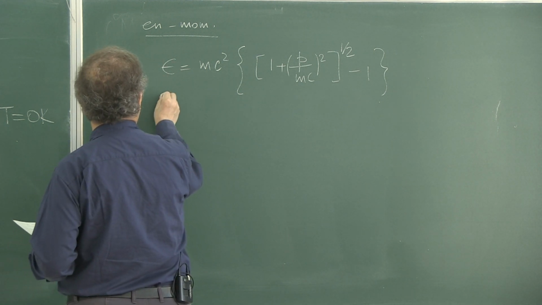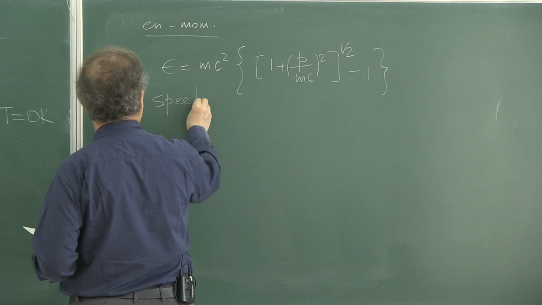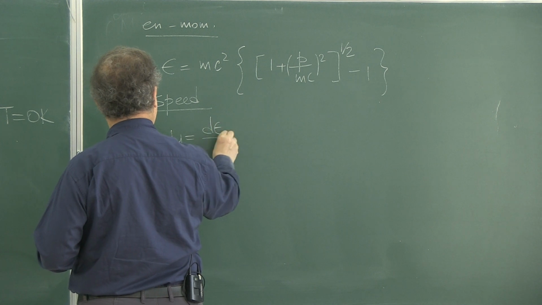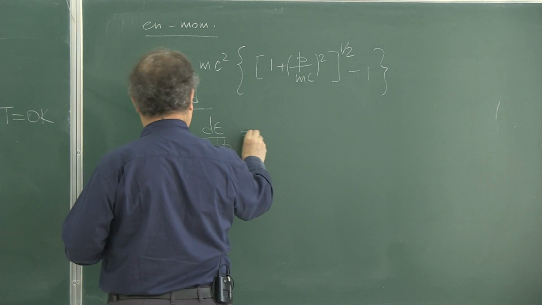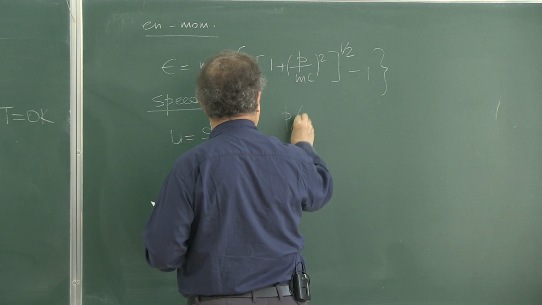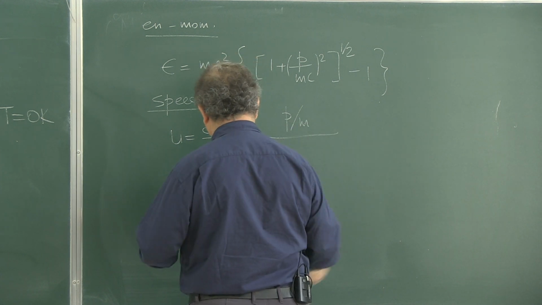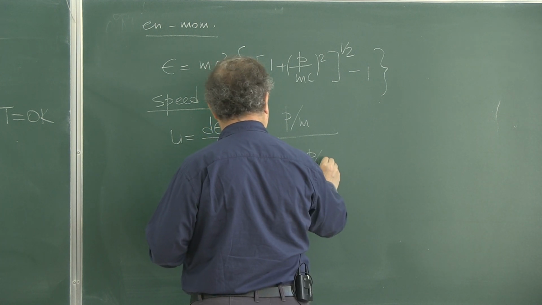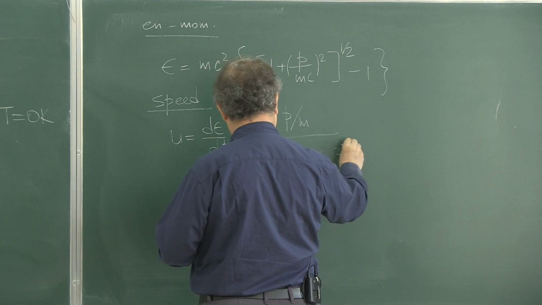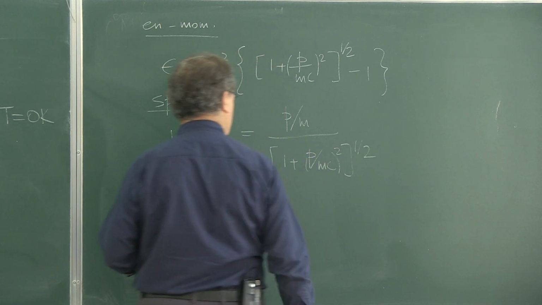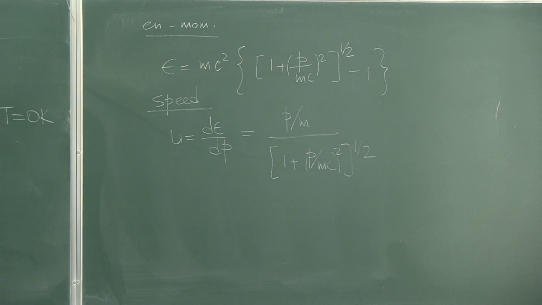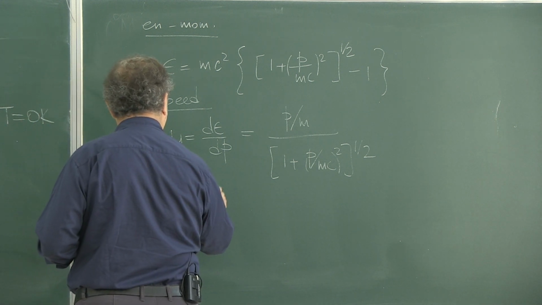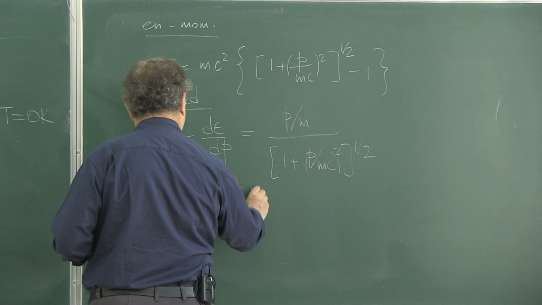The speed of the particle is dE/dp, which in the non-relativistic case is p over m. So you should do everything relativistically: p over m times (1 plus (p over mc) squared) to the power of 1/2. m here is the rest mass of the electron.